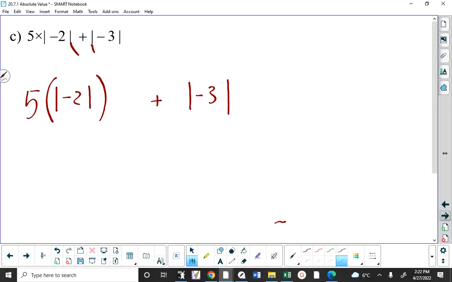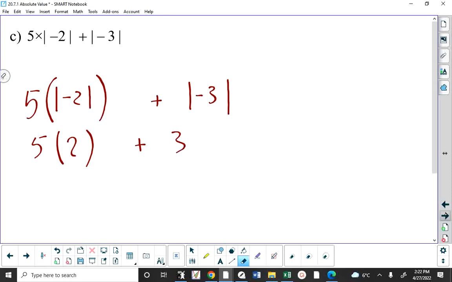And it's not, right? There's an absolute value pair that's around the negative 3 and one that's around the negative 2. So this is 5 times 2 because the absolute value of negative 2 is 2, plus 3 because the absolute value of negative 3 is 3. So then it's 10 plus 3, which is 13.